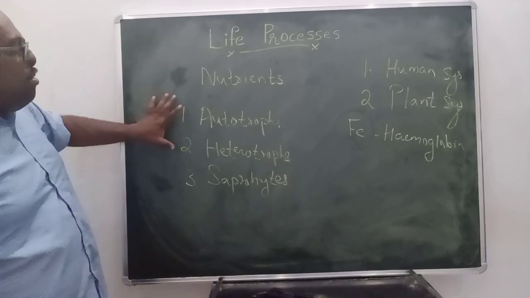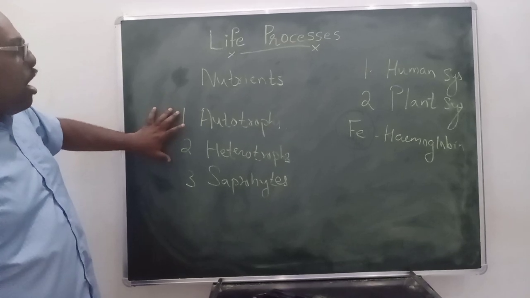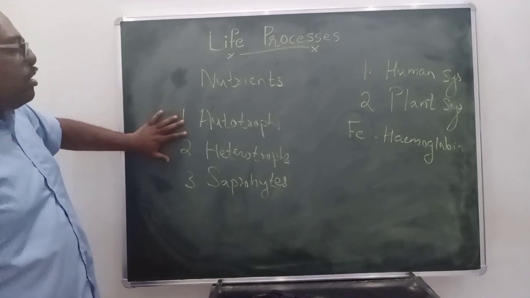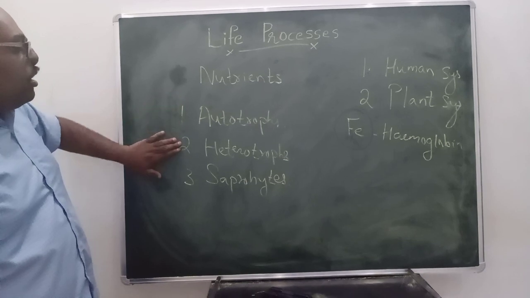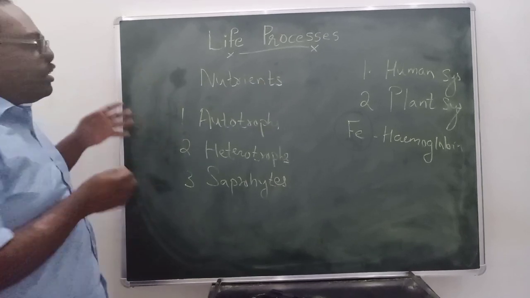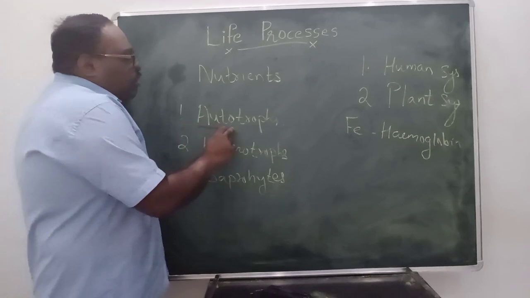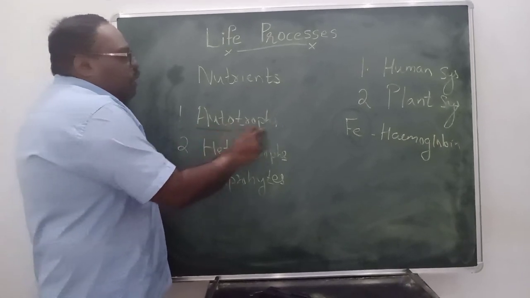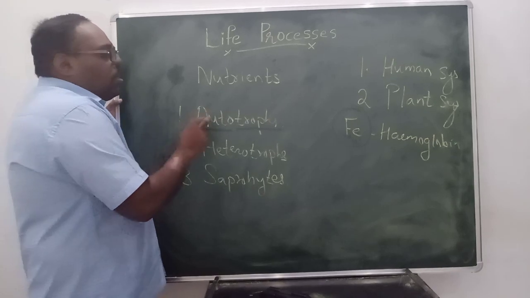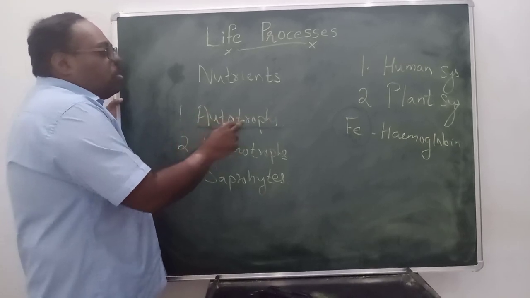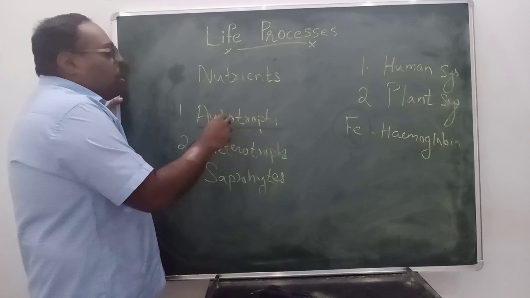These are the three major ways in which nutrients are taken, or in which we get nutrients to the entire system. First, we will go one by one. What do we mean by autotrophs? Auto means self, trophs means production, that is, those who produce their own food.